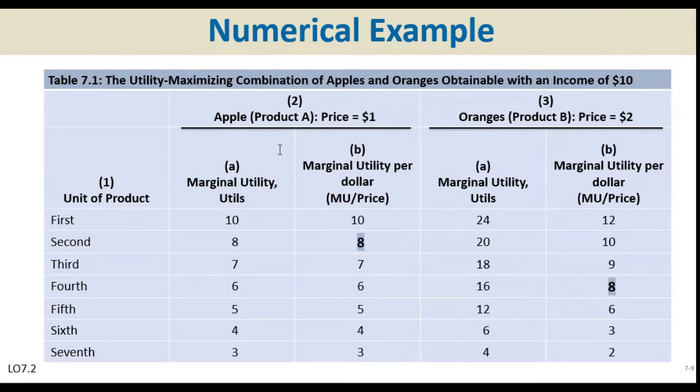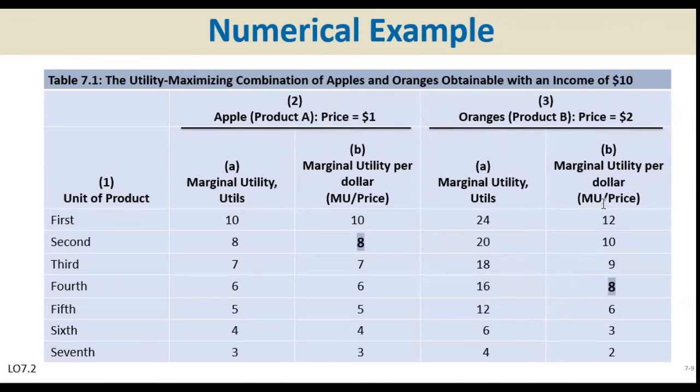In this example, we can see how the rational consumer will behave. Again, this is not to explain in detail, but to give you a conceptual view, pedagogically, of how consumer equilibrium is established. If you compare the marginal utility per dollar for apples to the marginal utility per dollar for oranges, you know that the consumer is going to want the first choice to be oranges.